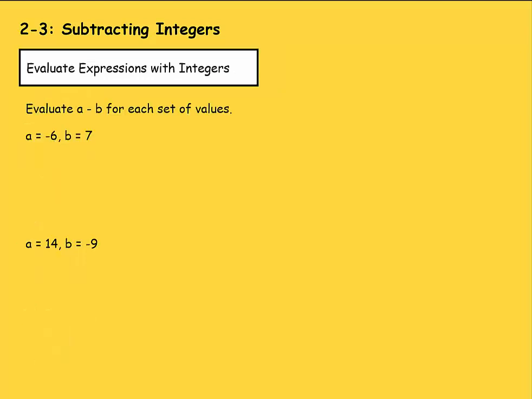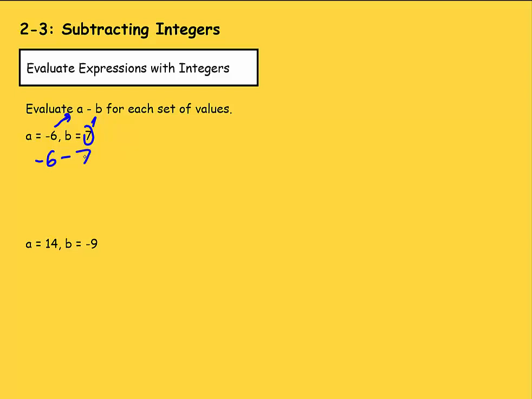Let's try a few expressions with these integers. Here we have evaluate a minus b for each set of values. So here we have a as negative 6 and b as 7. If we replace that a with negative 6, then we're subtracting, and we replace that b with a 7, negative 6 minus 7.